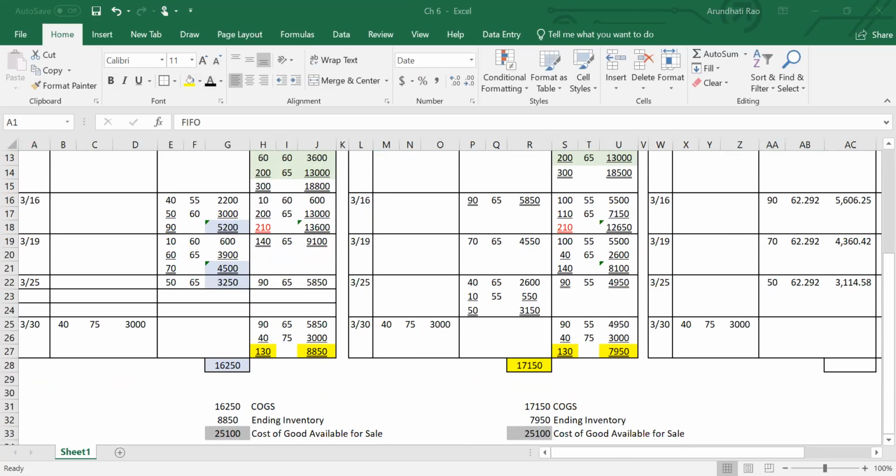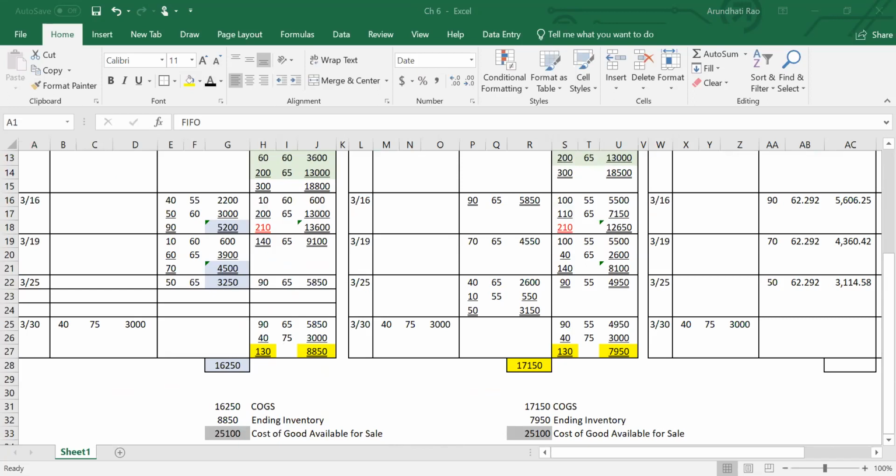Going back to the exercise here once again, I'd like to focus on one thing. This column that I had ignored when I was doing the exercises, you don't ignore it in real life or even in accounting. Where would this information be used? When you make a sale in the perpetual inventory system, you have two journal entries. The first journal entry will be cash or accounts receivable debit, sales credit. For that, you would use this number, the sales number, 60 times 120.